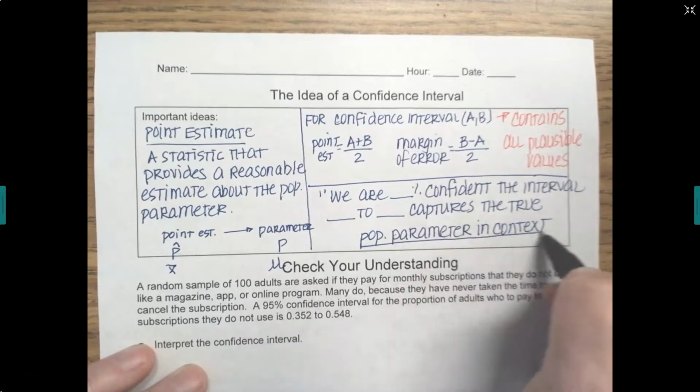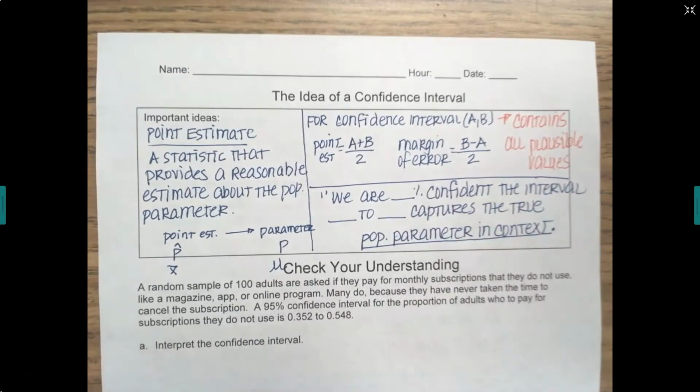So you'll fill in that spot too, whatever it is in context. We are blank % confident the interval blank to blank captures the true population parameter in context.